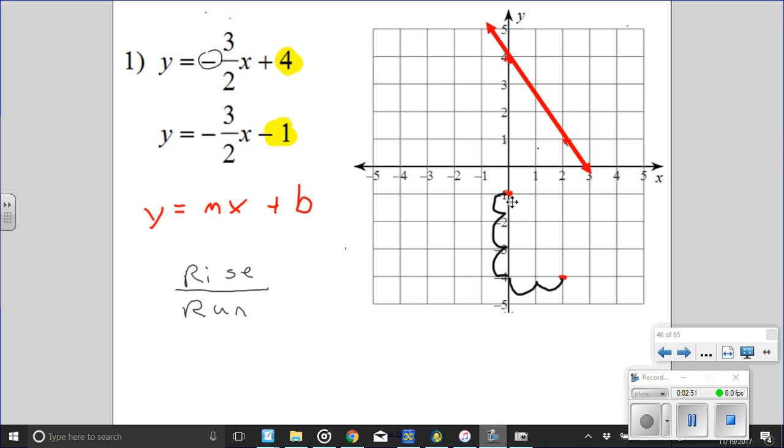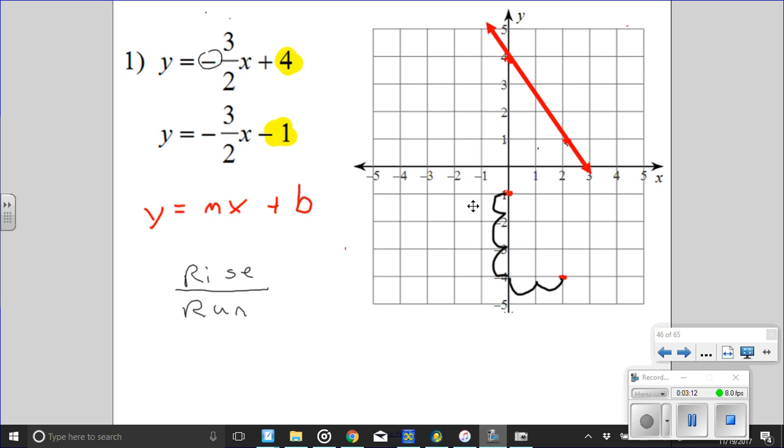Now, if I want another point up here a little closer, so it's easier to draw, I'm going to make that point as well. Remember where I said you could put the negative on either one of the numbers? This time I'm going to put it on the 2. So instead of running to the right, positive, I'm going to go to the left, negative.